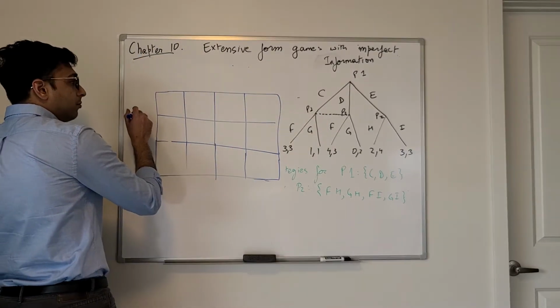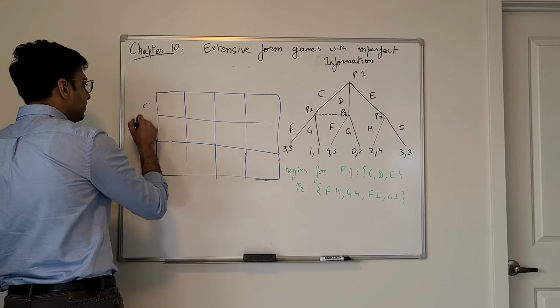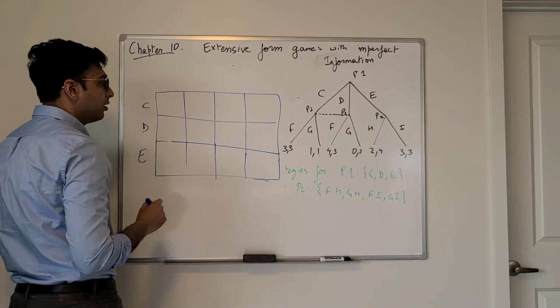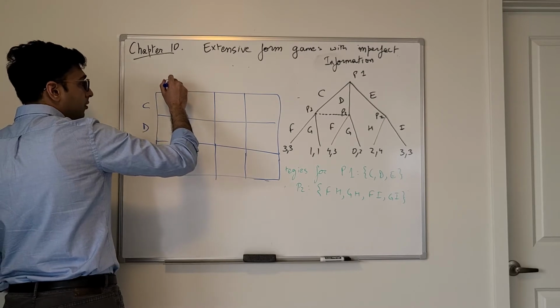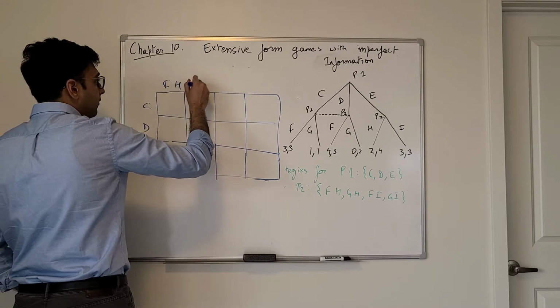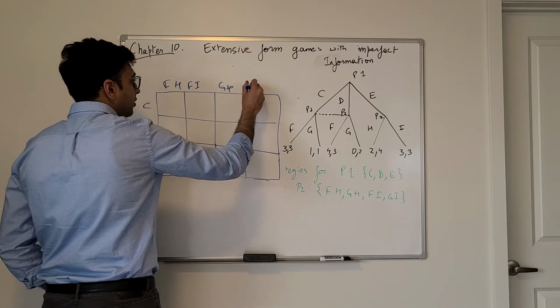So for player 1, we've got C, D, or E, and for player 2, we've got FH, FI, GH, GI.